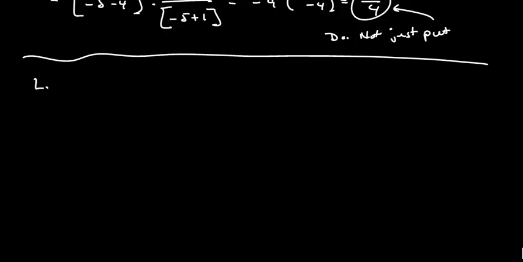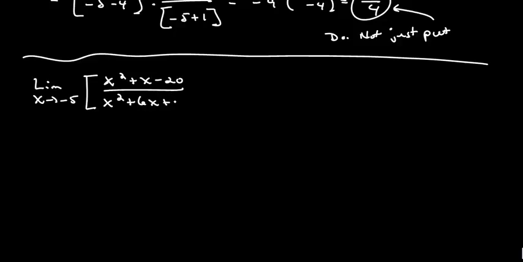You would show the limit as x approaches negative 5 of x squared plus x minus 20 over x squared plus 6x plus 5.